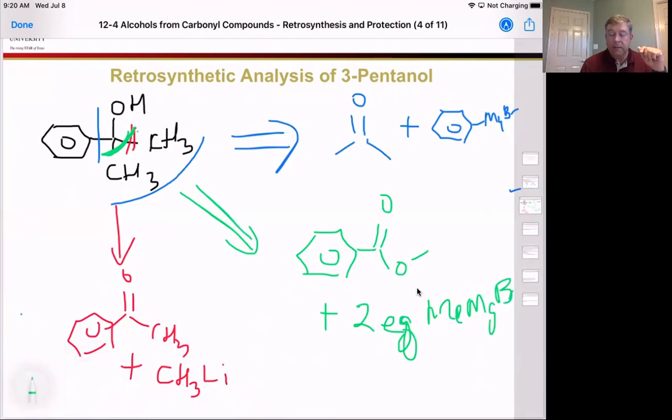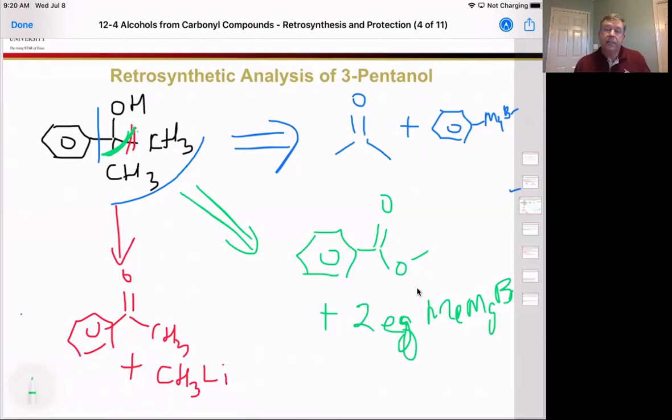So any of these three sets of reagents can be used to create that tertiary alcohol with two methyl groups and the phenyl group. Okay, so it just goes to show you, based on where you break your molecule apart, you'll have different starting materials, but all three sets of starting materials will get you to the same product.